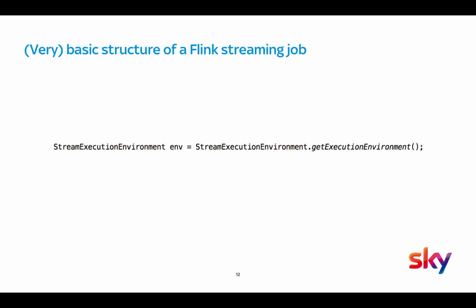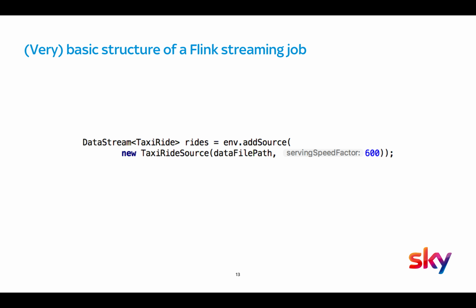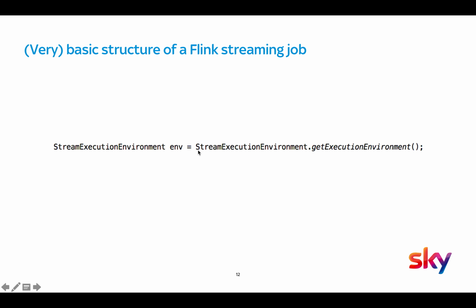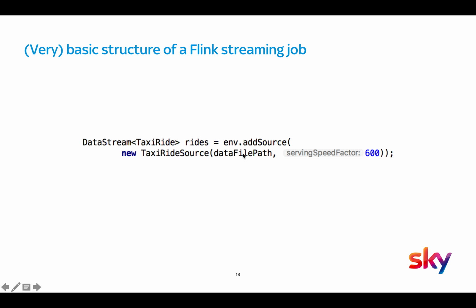Once you set up your source, you get something like this. So you have your environment here, this env environment, and we add a source to it. Now, this taxi ride source is just a little exercise that I was working on, a custom written source which processes a data file.